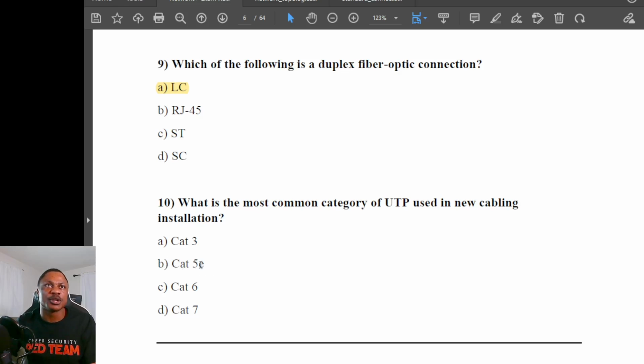Cat 5e is somewhat common, but performance-wise, not so good. Now, Cat 6 is the one. Cat 7 is still brand new and currently catching up with Cat 6, but Cat 6 is still the most widely used in new cabling installations.